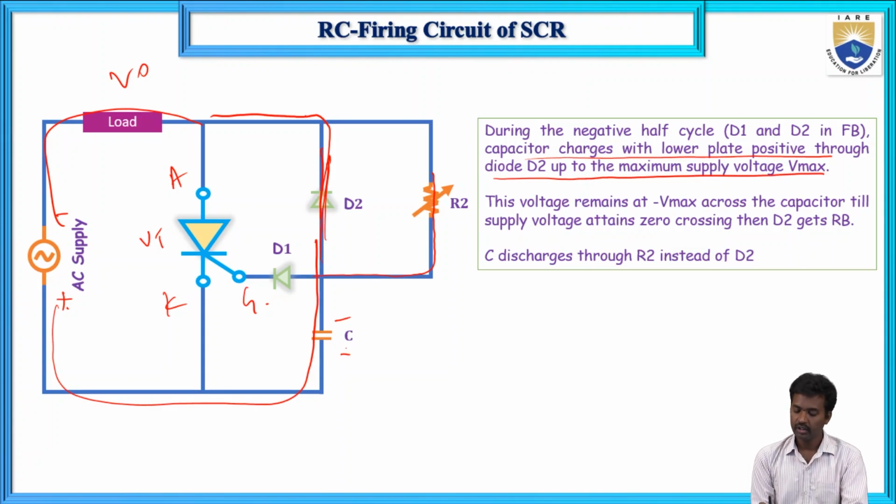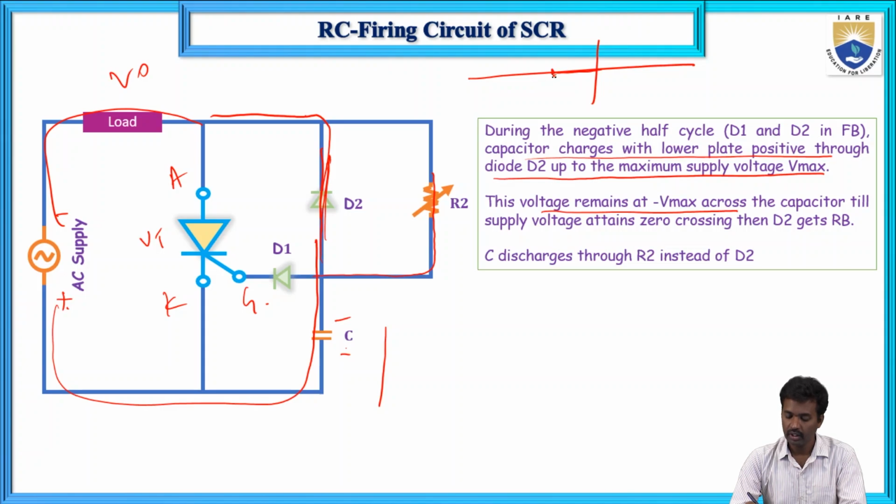The voltage stays at negative maximum across the capacitor until the supply voltage attains zero crossing. Then D2 gets reverse biased. This is the negative half cycle, and this is the supply voltage at its maximum negative voltage.